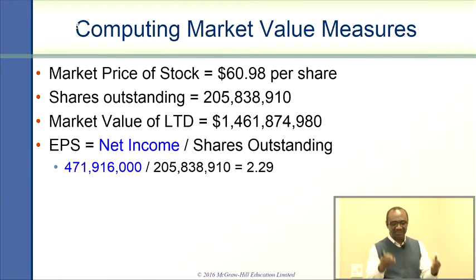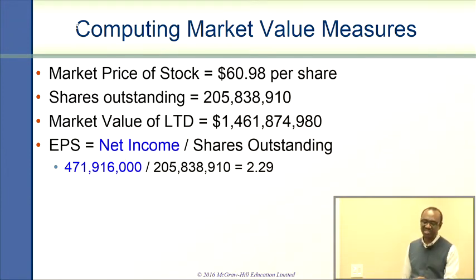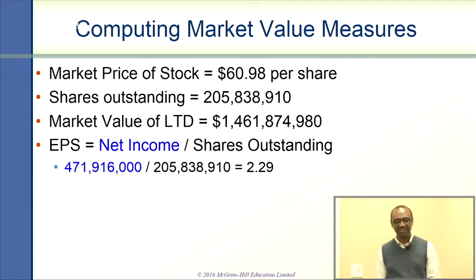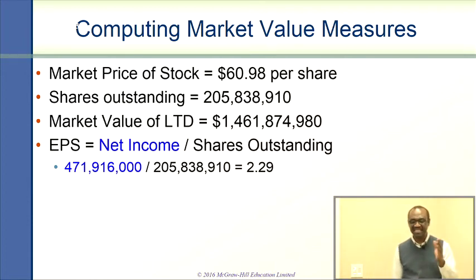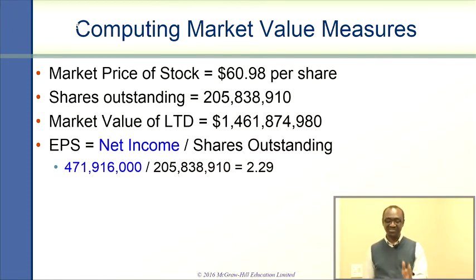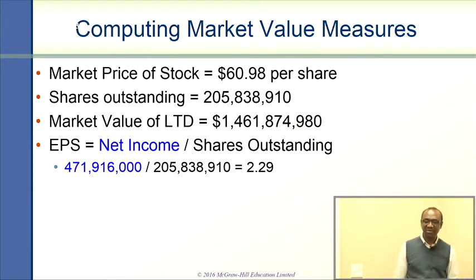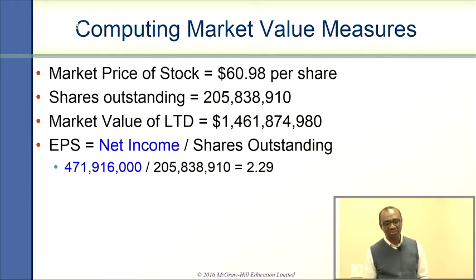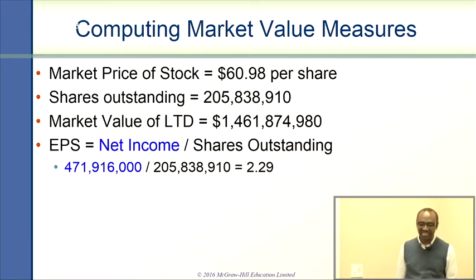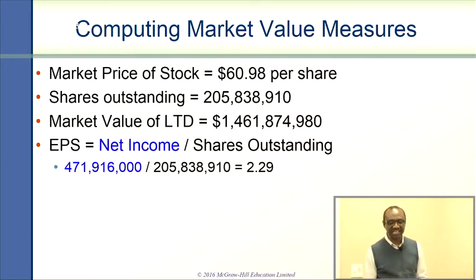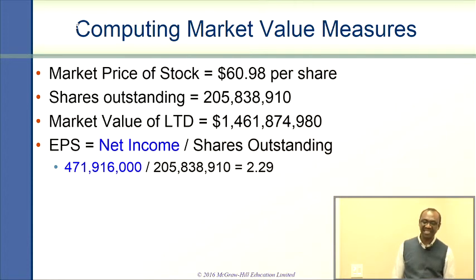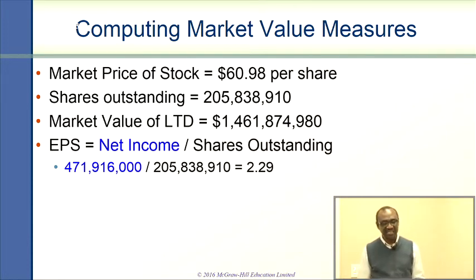So with the information provided, we can now calculate something called the earnings per share. EPS means earnings per share, and earnings per share is simply net income divided by the number of shares outstanding. In this case, the number of shares outstanding is 205,838,910, and we have net income of 401,916,000.